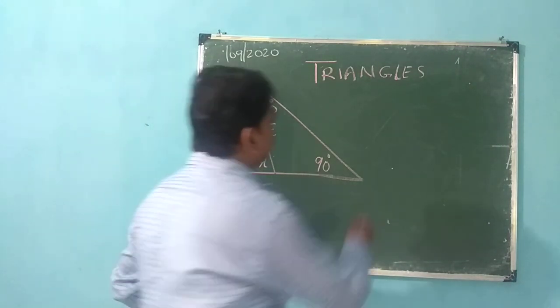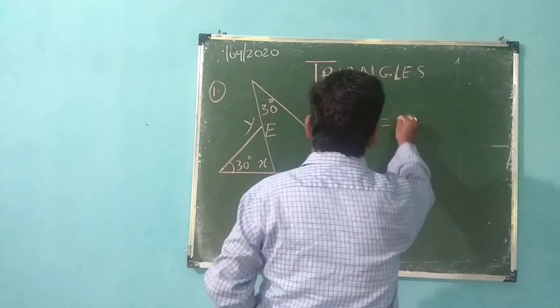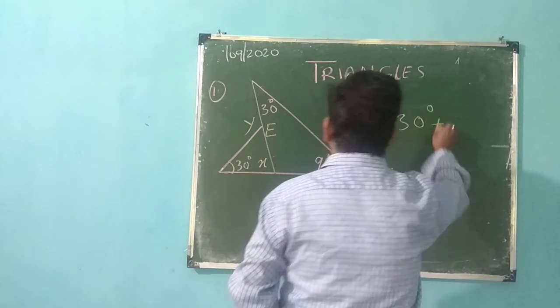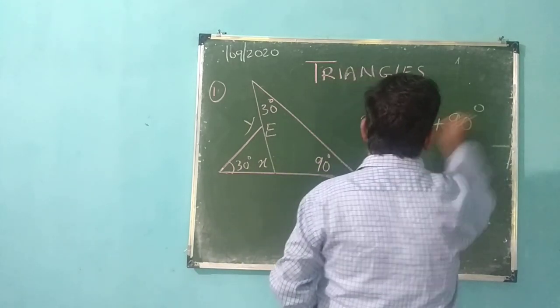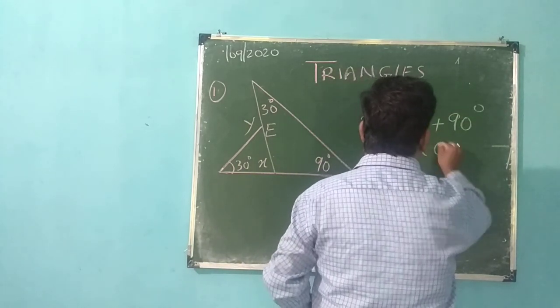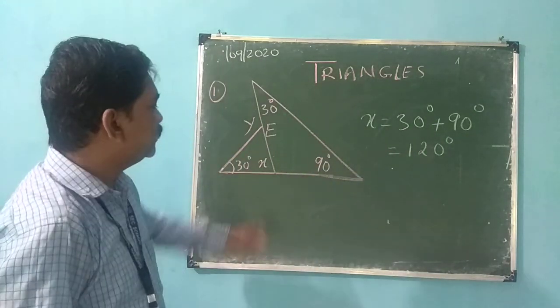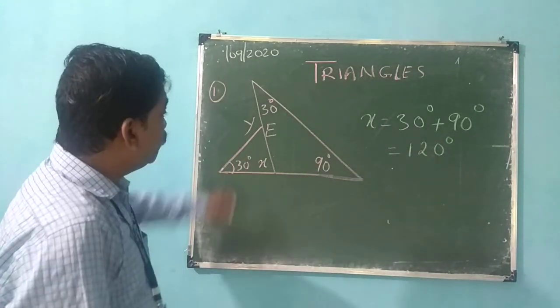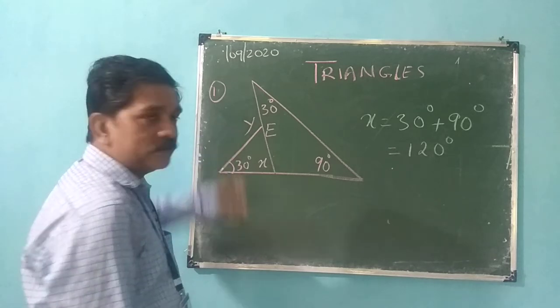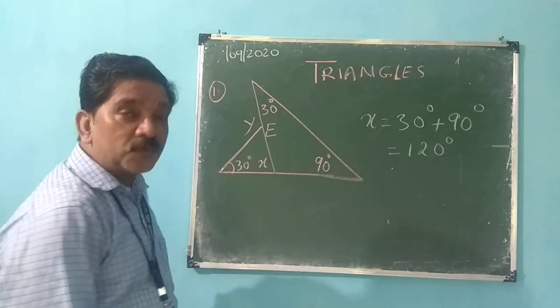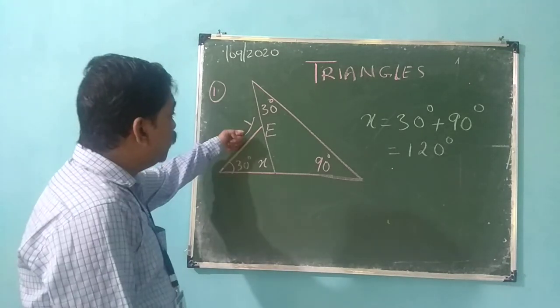So I can easily say that x is equal to 30 degree plus 90 degree is equal to 120 degree. So the value of x is equal to 120 degree. Over. Now we have to find out the value of y.